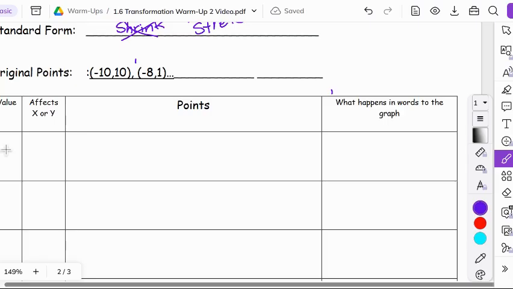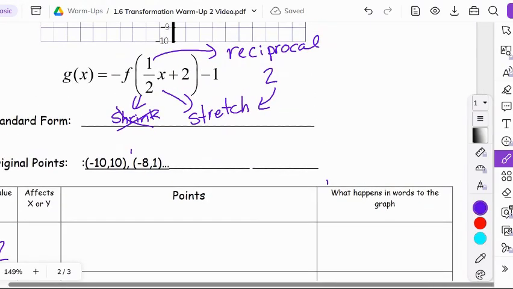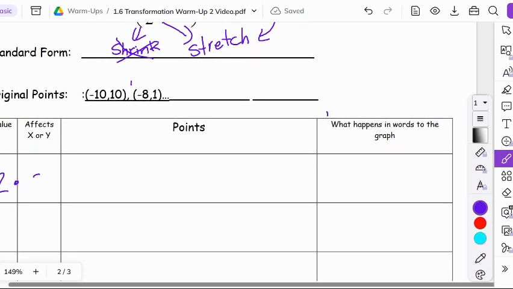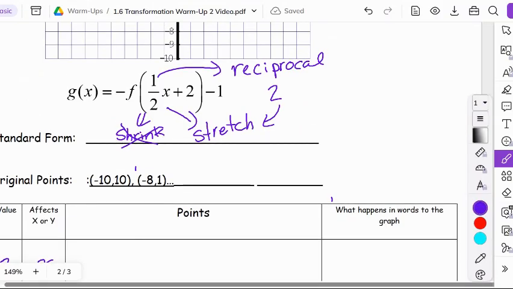So in this case you're going to put in that it is 2. Even though the B is actually 1/2, whenever you go from the equation to the table, you always do the opposite. So that means every value of the X values is going to be multiplied by 2, which makes them bigger, which means they're going to stretch.